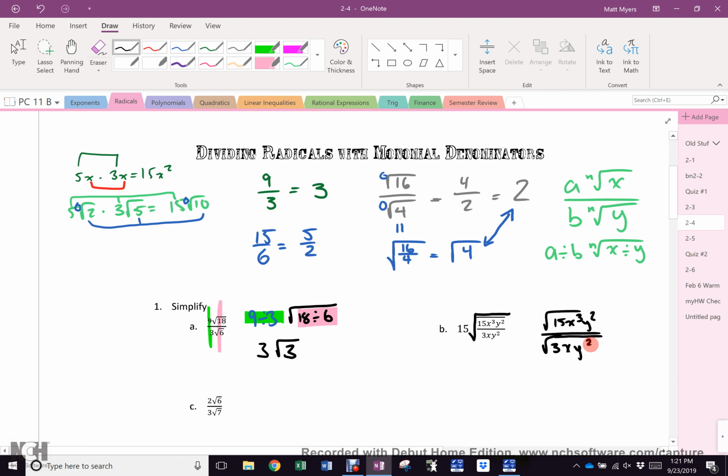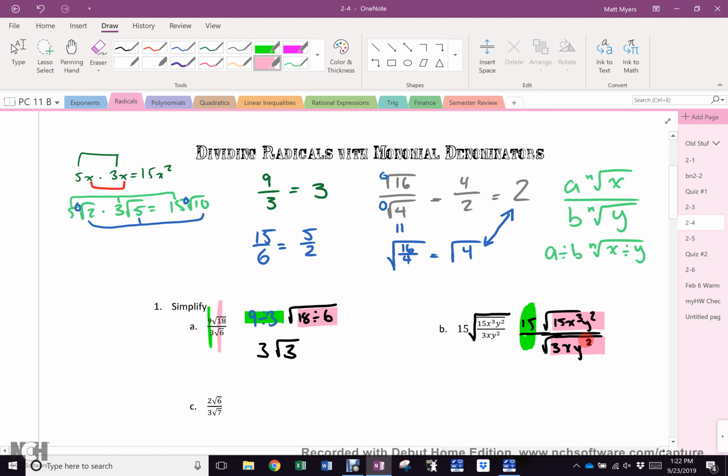Because the radical sign goes to everything, right? Now, where does this 15 live? Numerator or denominator? Numerator. So now, what do I have? I would have 15 divided by what? 1, and I would have that radicand divided by that radicand.